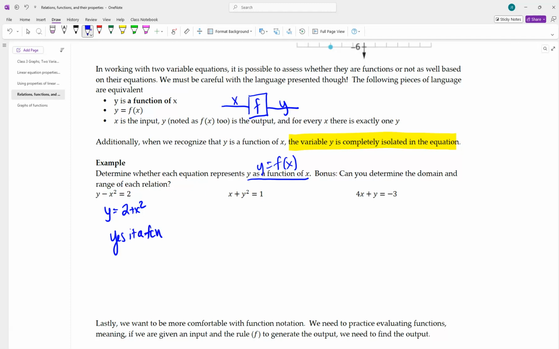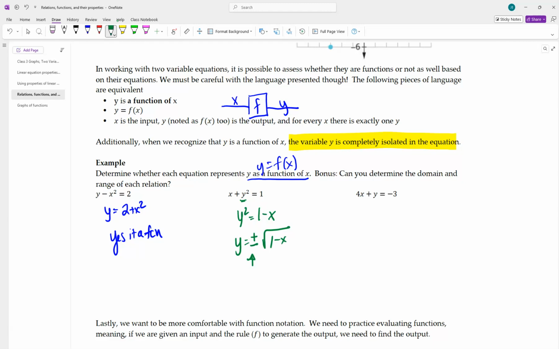That's my, FCN is my abbreviation for function, okay? By comparison, right, if I solve for y here, I'd have y squared is equal to 1 minus x, and then to solve for y, I'd have y is equal to square root 1 minus x, and when I introduce the square root, I need the plus and minus, okay?